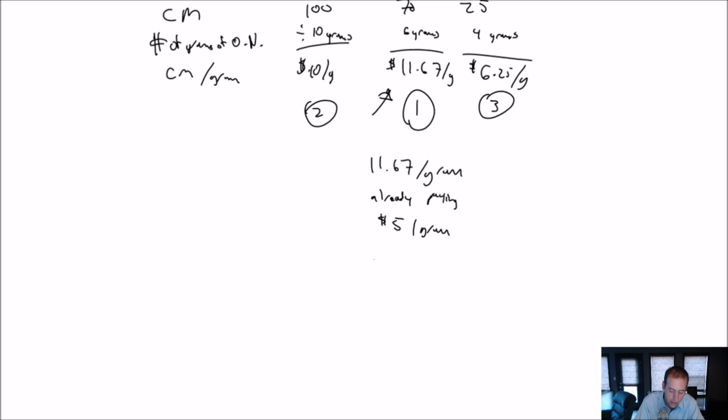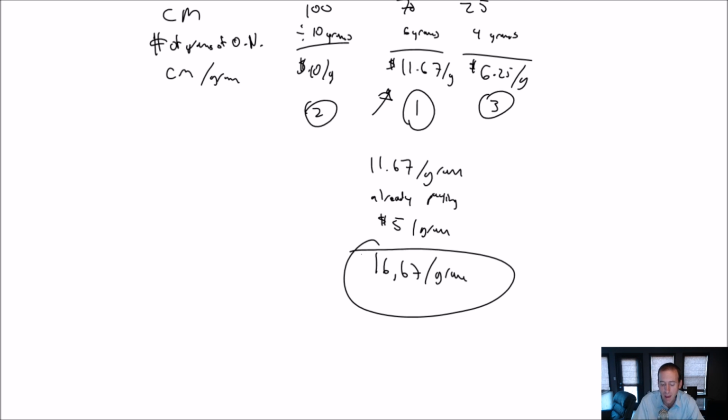That's what we're already paying. So $16.67 per gram would be our break even. If they charge us $17 a gram, we'd start to lose money on this. If they charge us $16.50 per gram, we're making a little bit of money. $16.67 is the absolute maximum we would be willing to pay. Maybe just a couple pennies less to cover the rounding here.